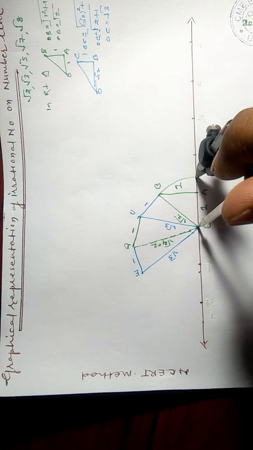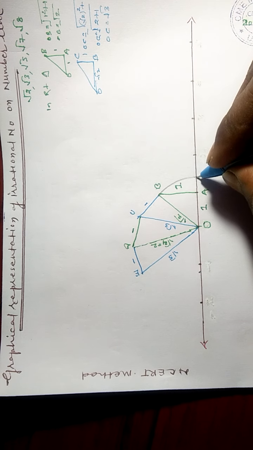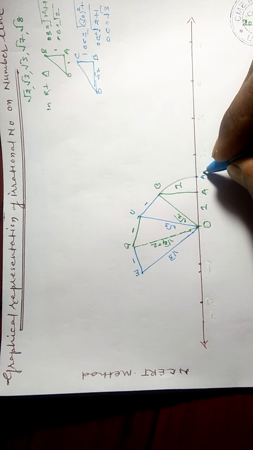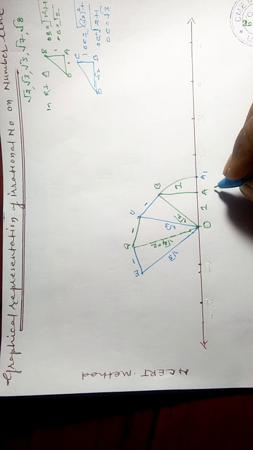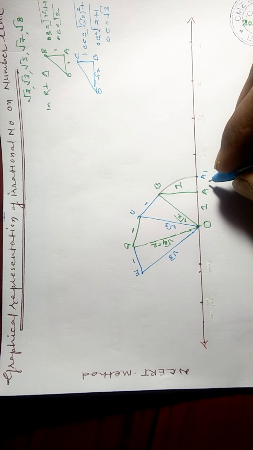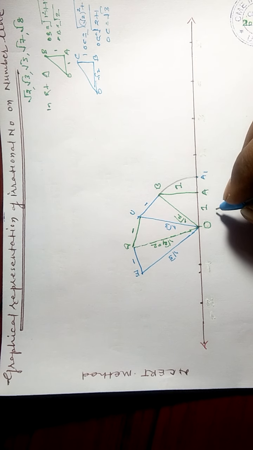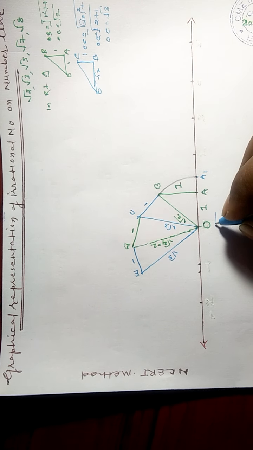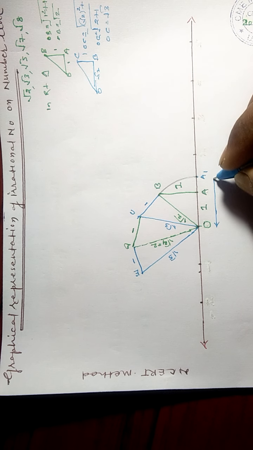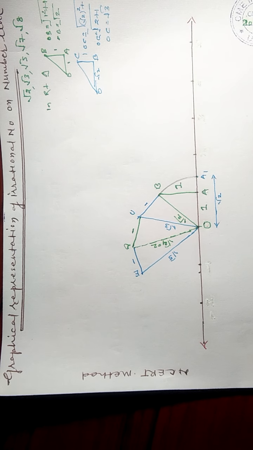Let it intersect the number line at this point. Take it as A1. Now this line O A dash will represent root 2.